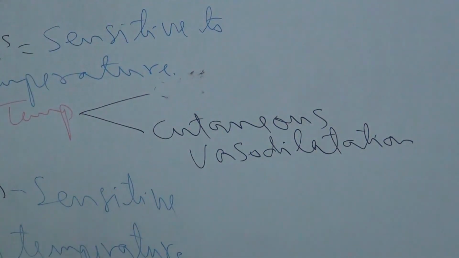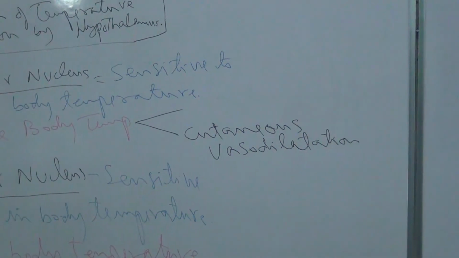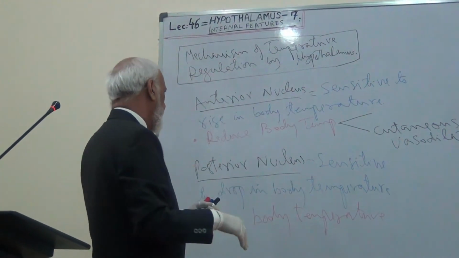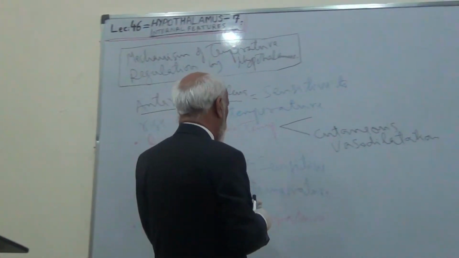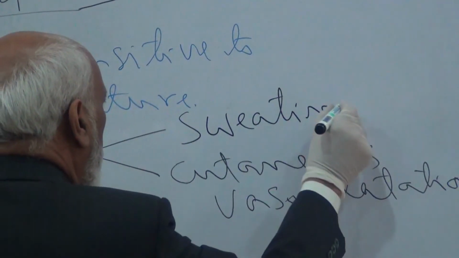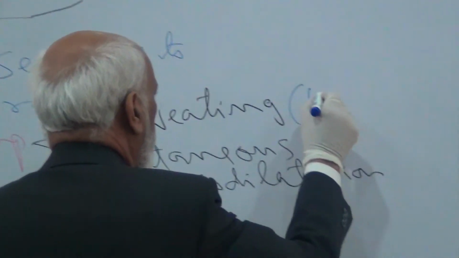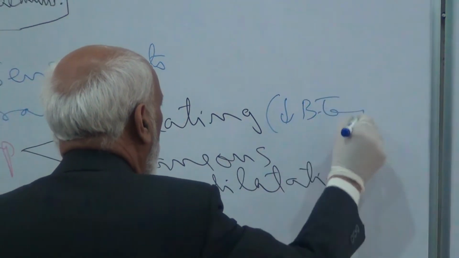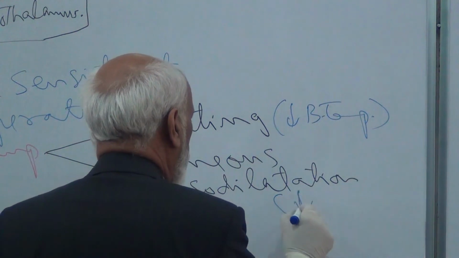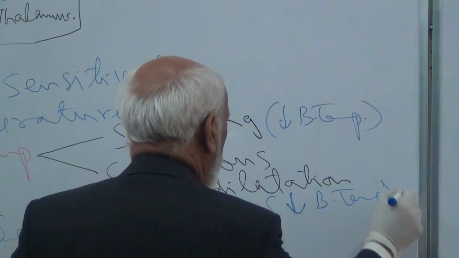The cutaneous blood vessels are dilated, so there is more blood flow and the heat is evaporated and the temperature falls down. And the second factor is sweating. Sweating reduces body temperature, and cutaneous vasodilatation also reduces body temperature.